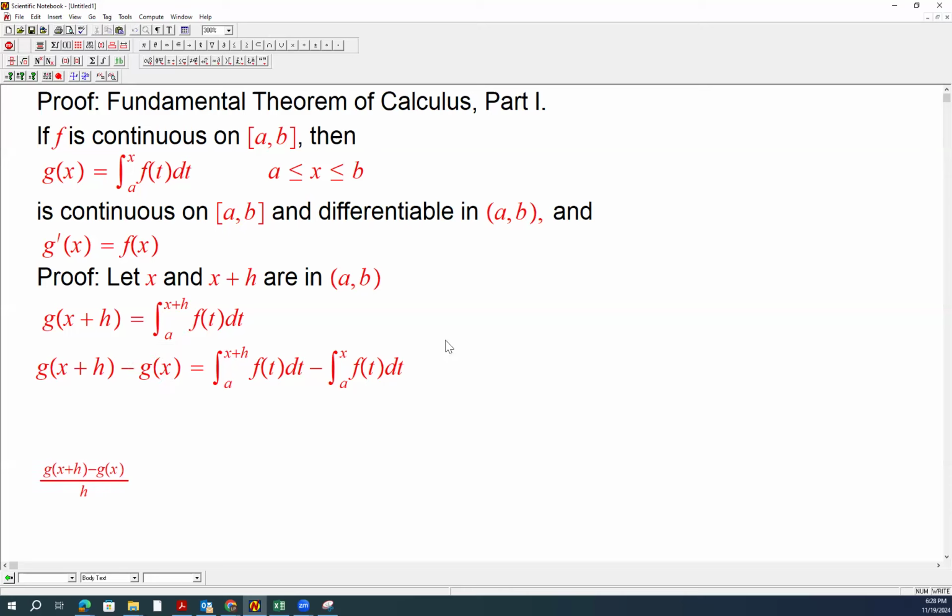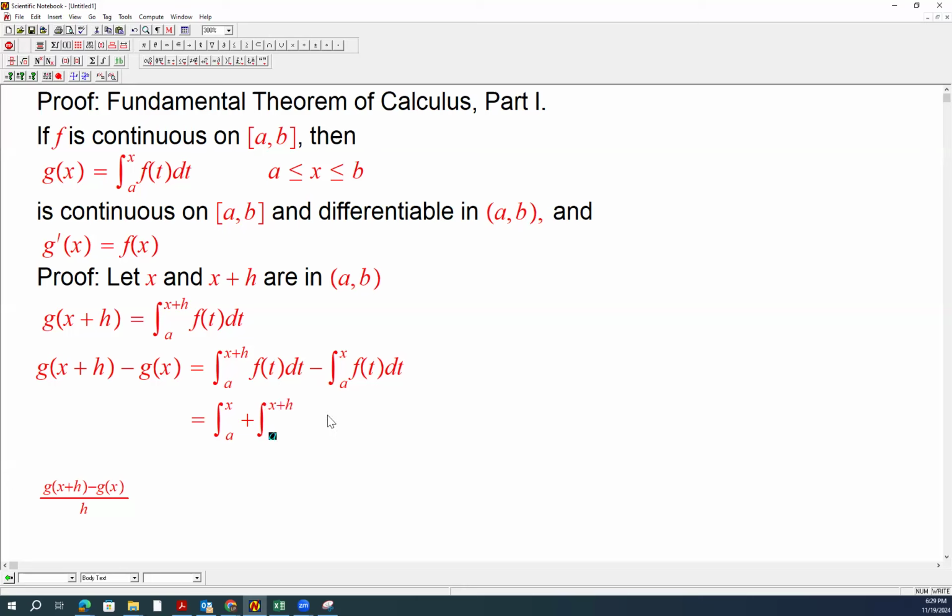By a property of definite integrals, we can split the interval.